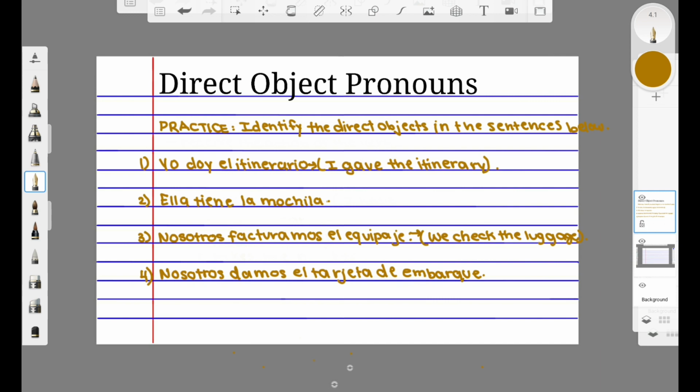We've gone over those. Yo, tú, él, ella, usted, nosotros, vosotros, ellos, ellas, ustedes.